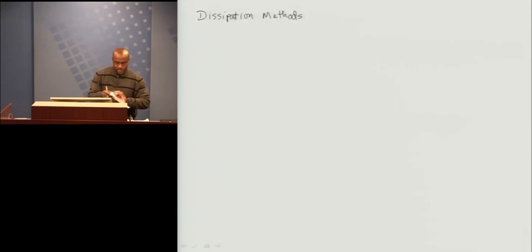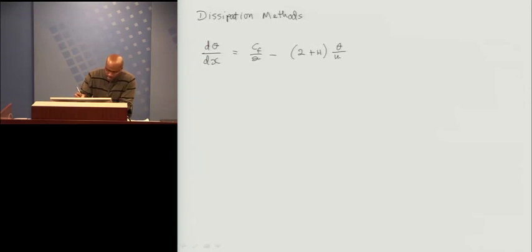So we had equations that looked like this. I think we ended with the theta. So this was the one common integral momentum equation, 2 plus H theta ue du e/dx.